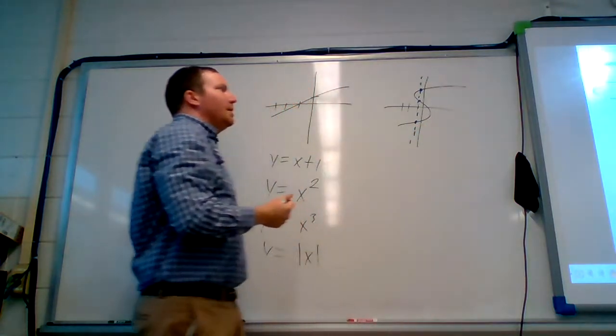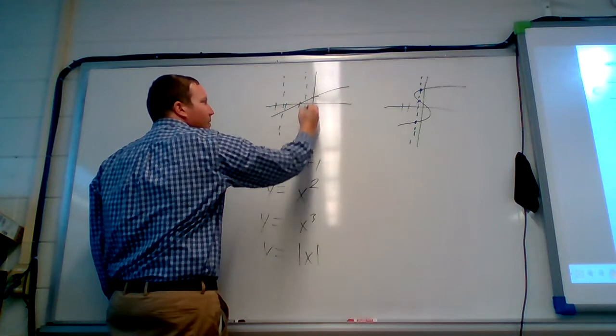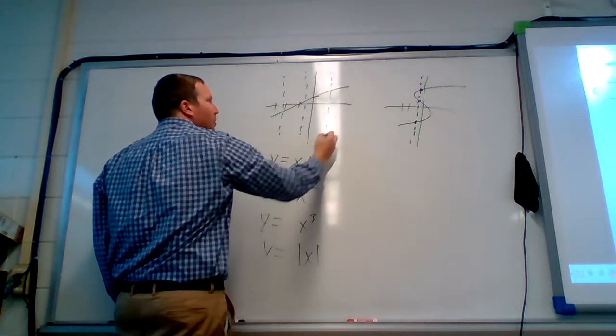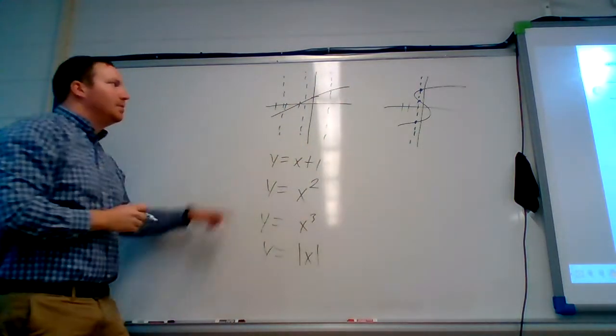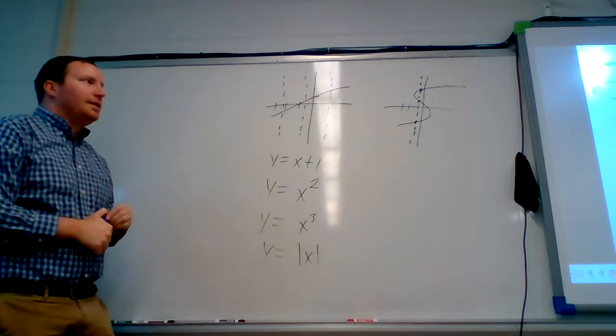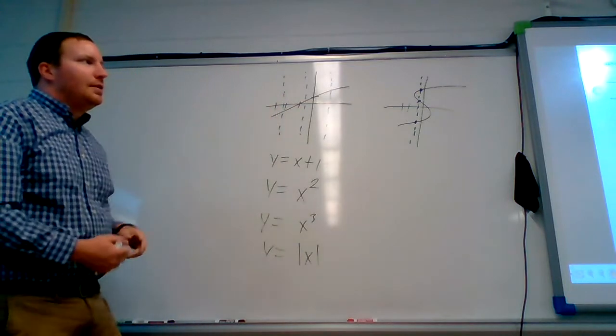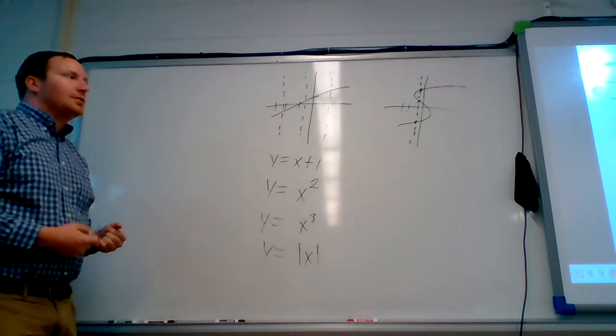Therefore, it is a relation. However, on this one, it doesn't matter where I draw that vertical line. I'm only ever going to touch that graph in one spot. Right? So that's our vertical line test. That's the easiest way, whenever we're looking at something graphically, to see if it is a function or not.